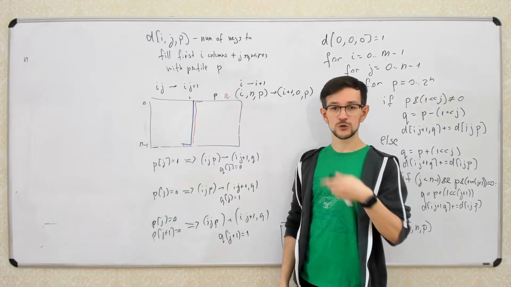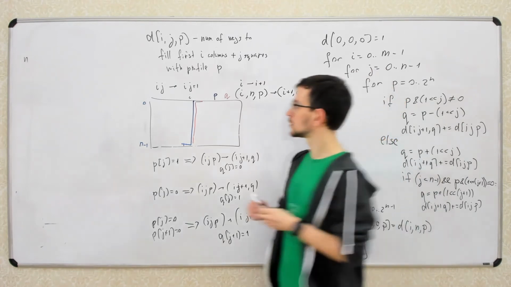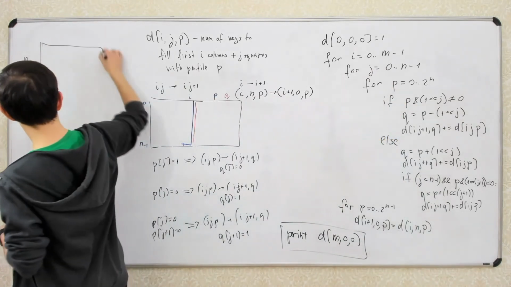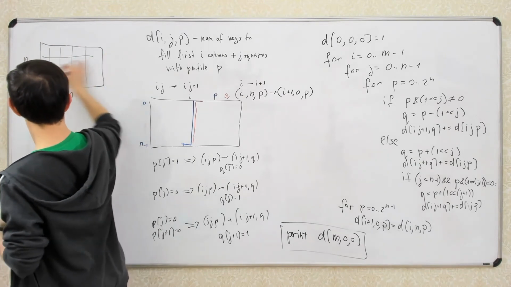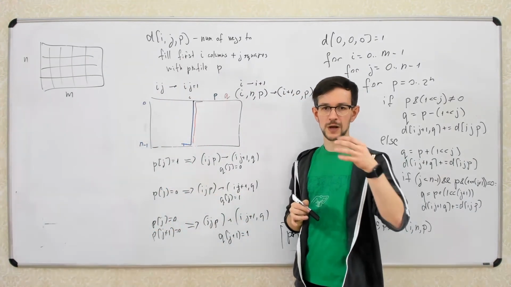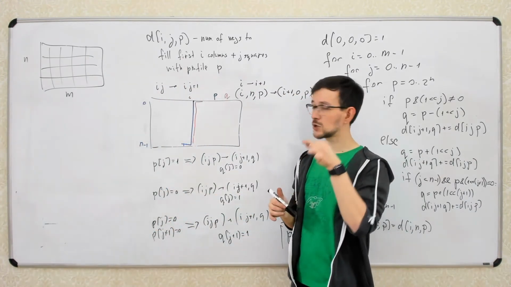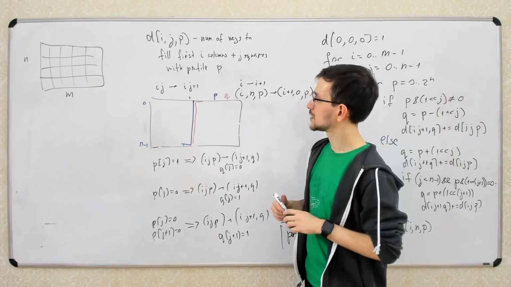One classical problem which illustrates the same method is the following. You have this rectangle n by m, and you want to paint all the squares black or white in such a way that there is no 2 by 2 square which is colored in the same color.